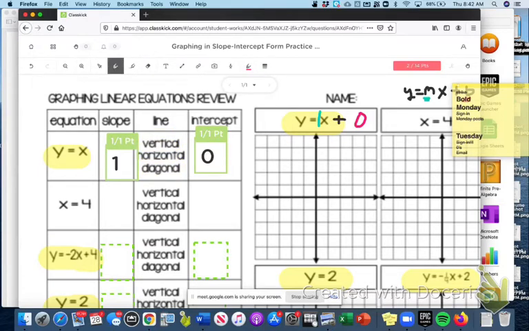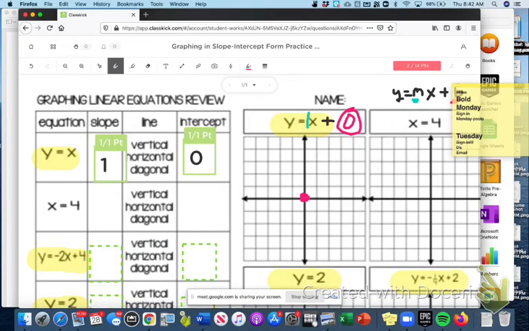So remember, the y-intercept, the b, the beginning point, is your starting point. So you're going to start at the 0. And then the slope tells you what direction you're going to move. And because this is a 1, that is the same thing as 1 over 1. Because it is a positive 1, that means we're going to go up 1 and over.